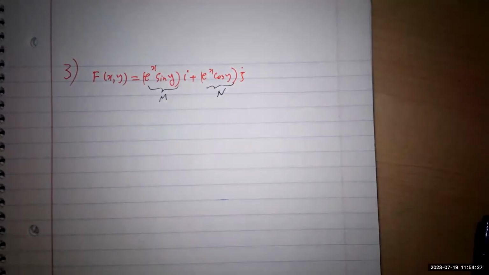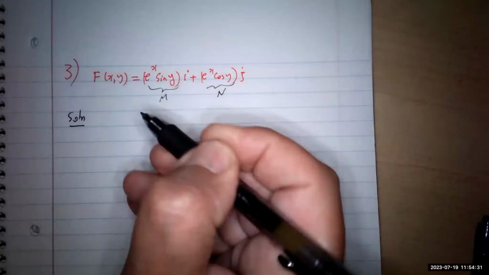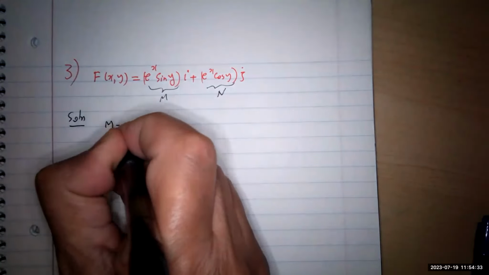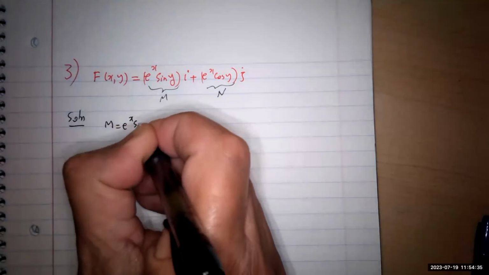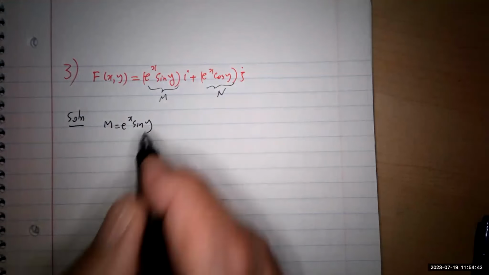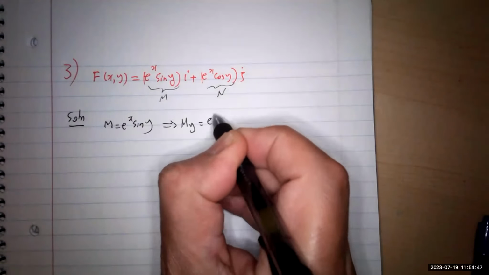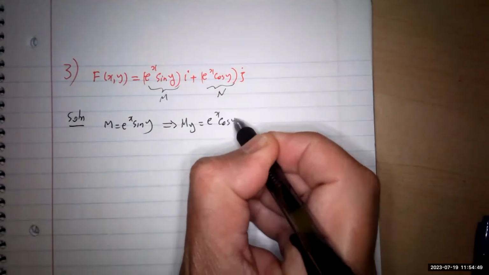Check the condition first. Solution. M is e to the x sine y. Differentiate with respect to y, only the sine y is affected, so I get e to the x cosine y.